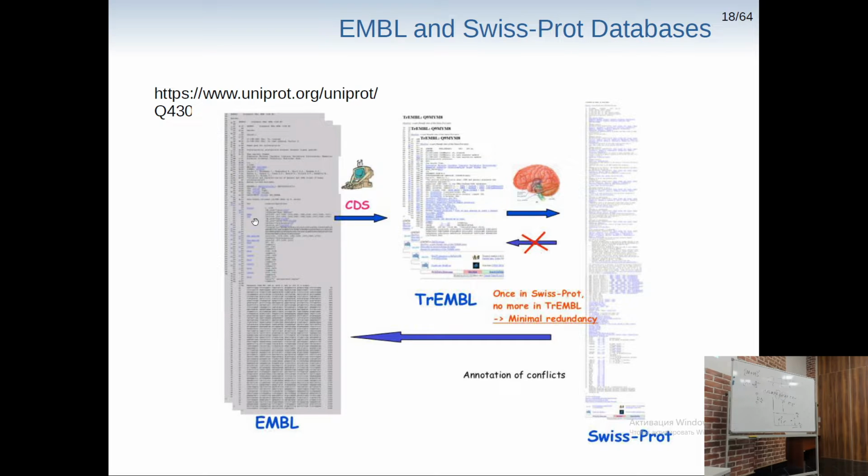But this database has both some treasure and some trash. Everything that was sequenced is there. I think that there is no need to search this database if you have proteomics, unless there are some special cases, right?